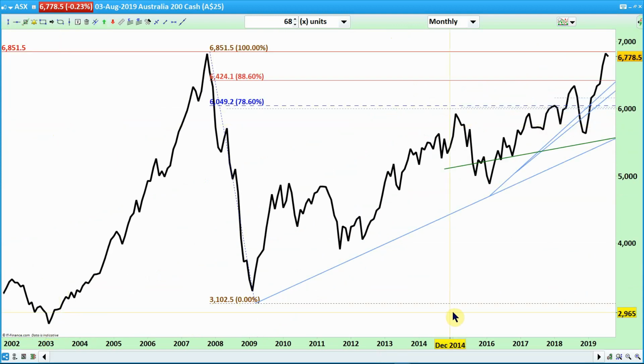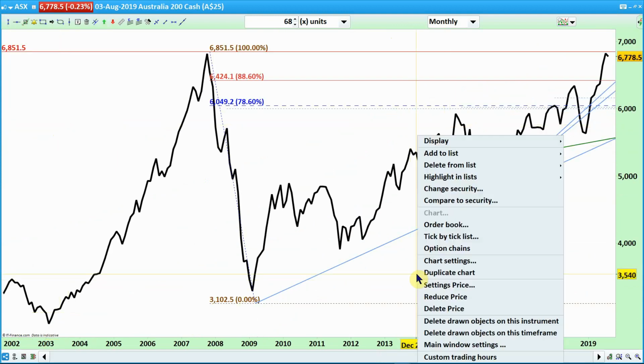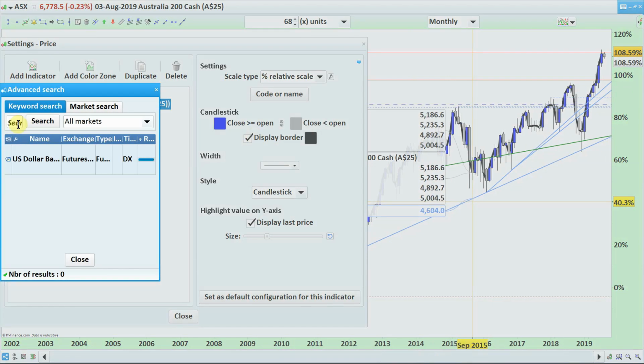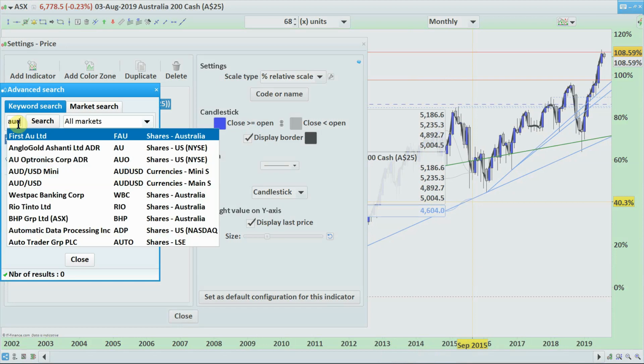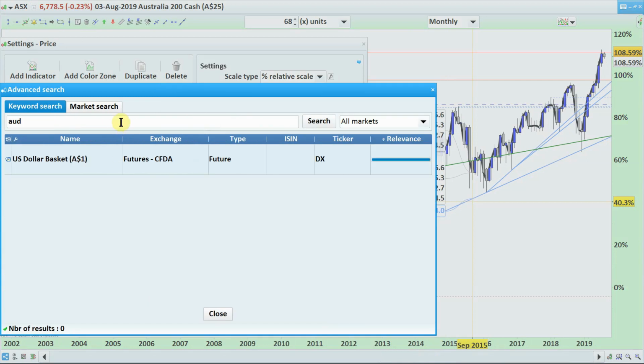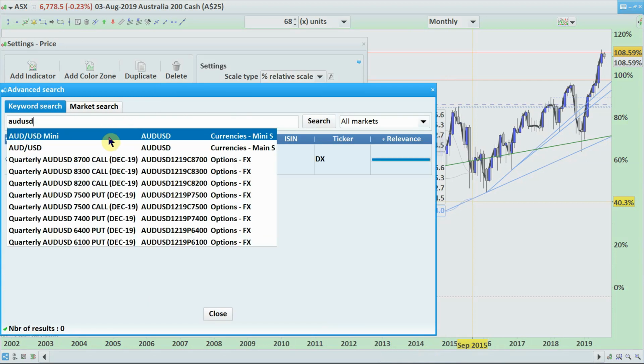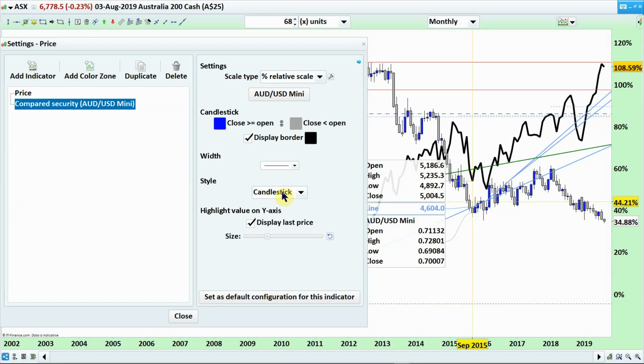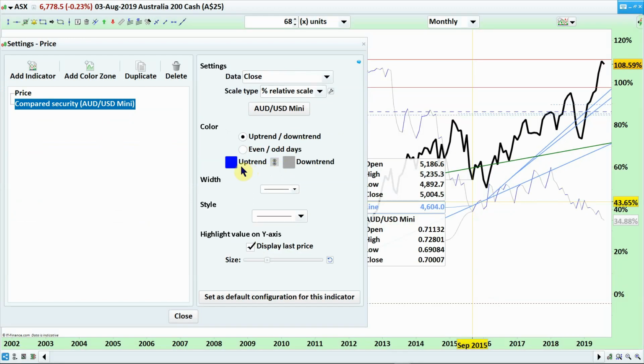ASX monthly chart, and then we'll go to Aussie. So compare to security, which is AUD, we have to write AUD USD mini, and then we select Aussie, make this gold color.